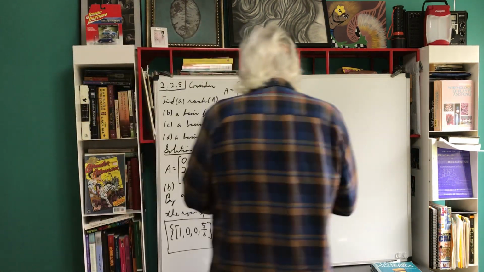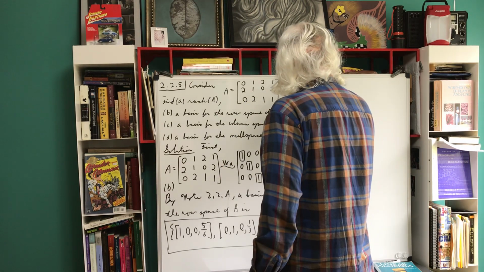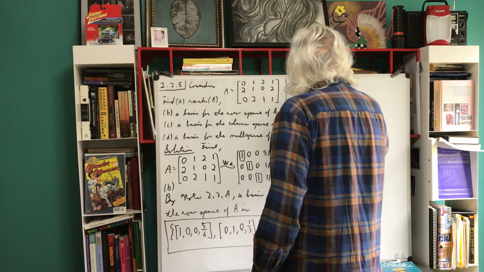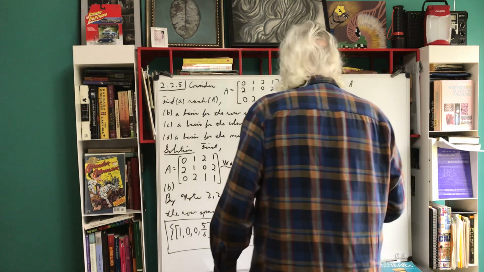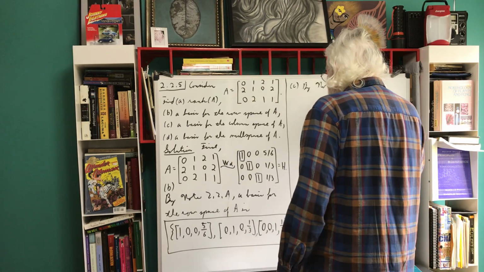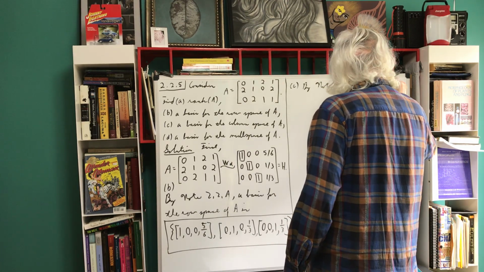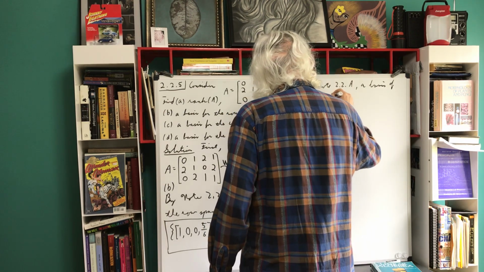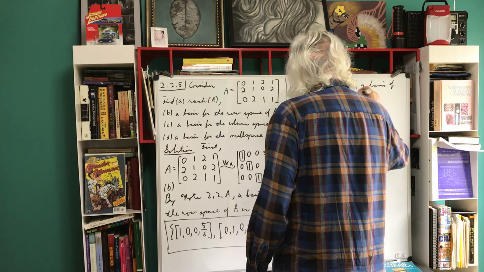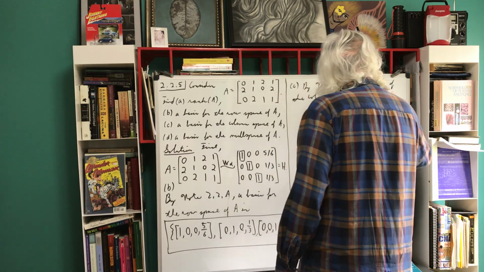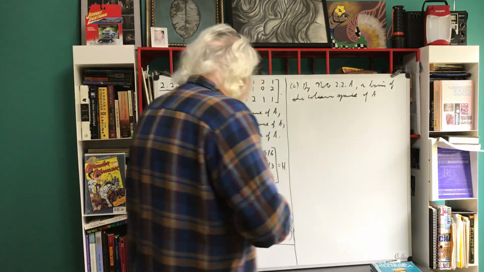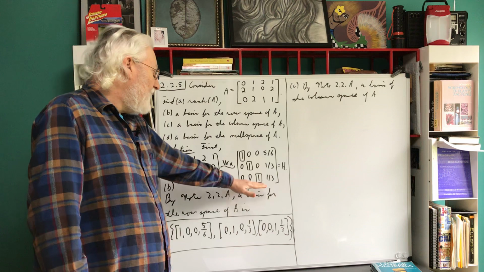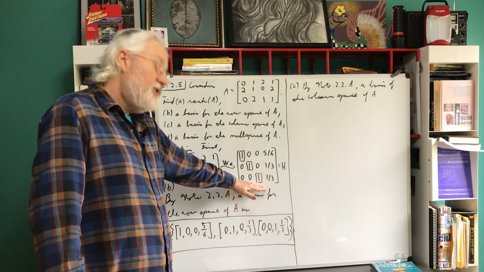Next, they want a basis for the column space of A. Well, note 2.2.A dealt with that as well. For a basis of the column space of A, we'll take the columns of A in positions corresponding to columns of H which contain pivots.